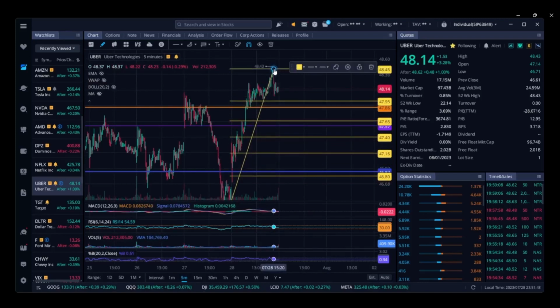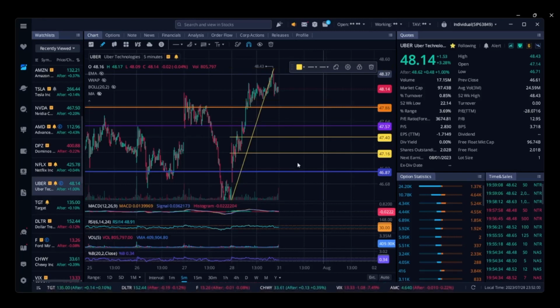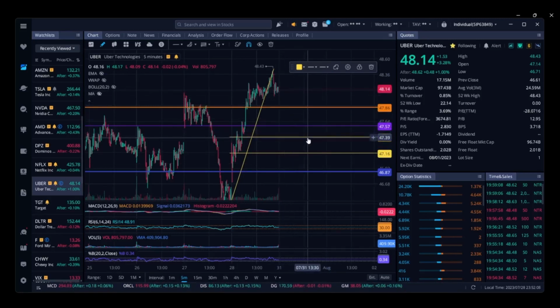Hold on, move that up. Okay. Lock that in place. Make sure we go to the settings, and we only want the 50% and the 61.8% for the retracement. Now you see how that golden area is close to that purple?